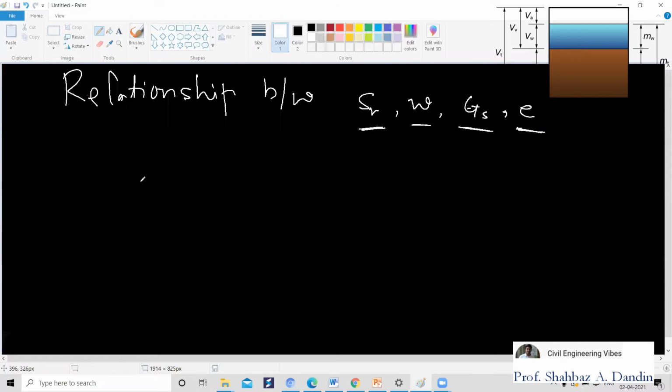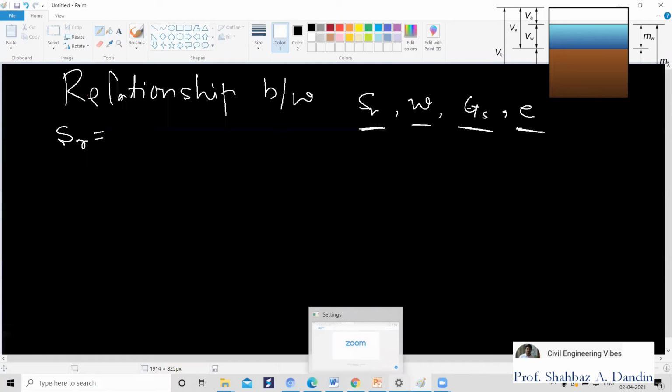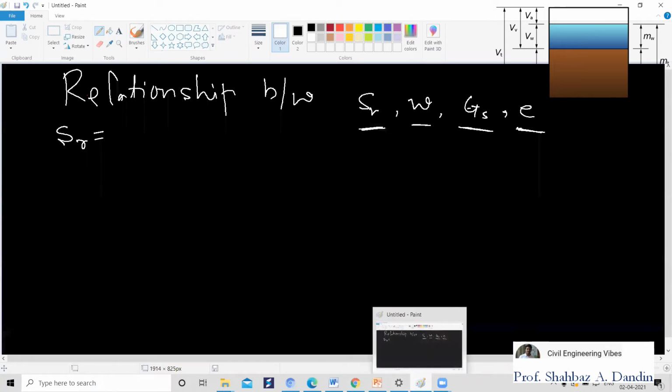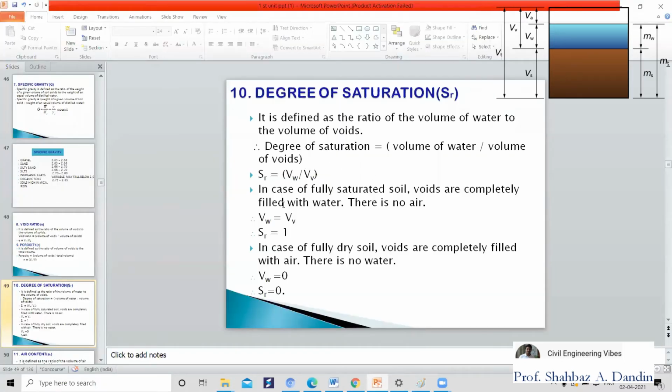We have to find out the relationship for this. Okay, let's start. Degree of saturation Sr, what is the equation? Perhaps volume of water divided by volume of voids. Degree of saturation is equal to volume of water divided by volume of voids, VW by VV.